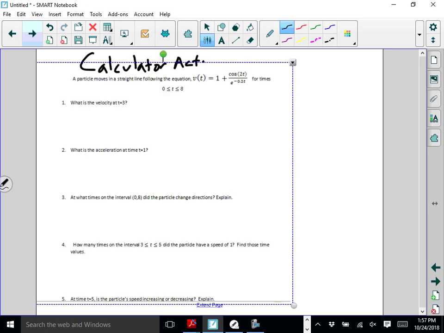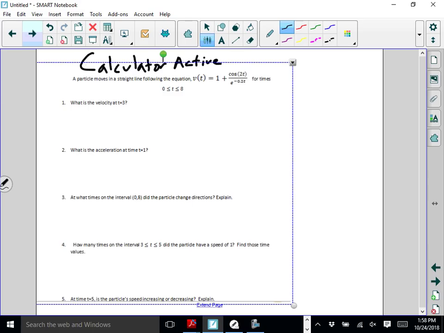Our calculators are really, really good at some things. They're really good at graphing equations. They're really good at evaluating that at certain points. They're very good at doing numerical derivatives. It's really good at finding zeros and things like that. Okay?